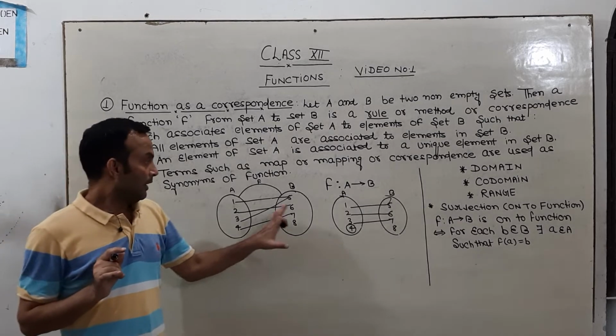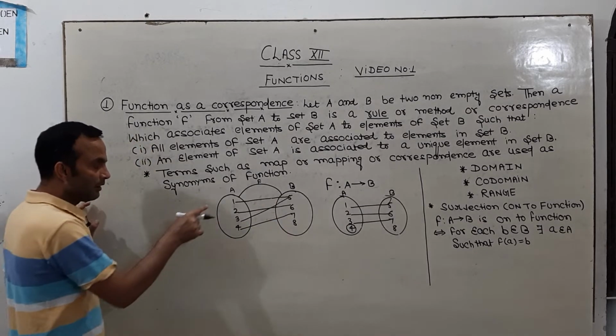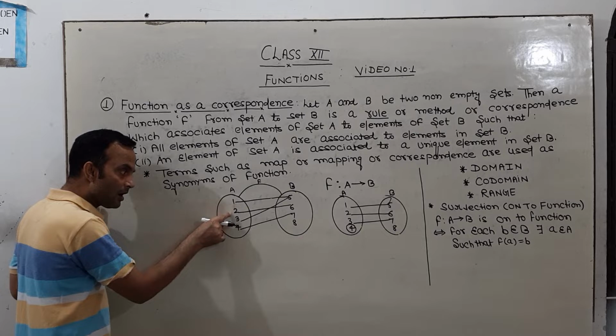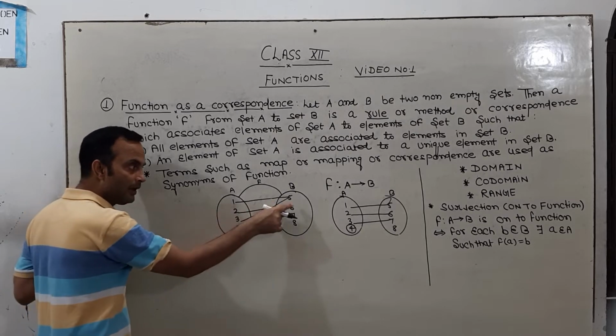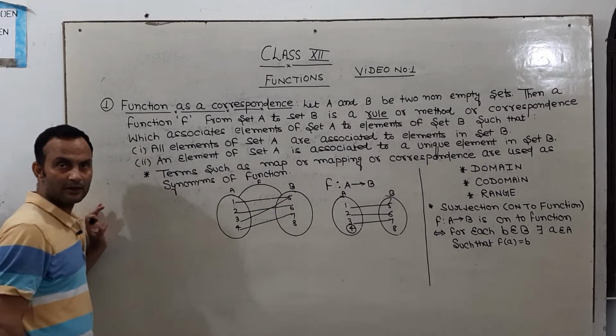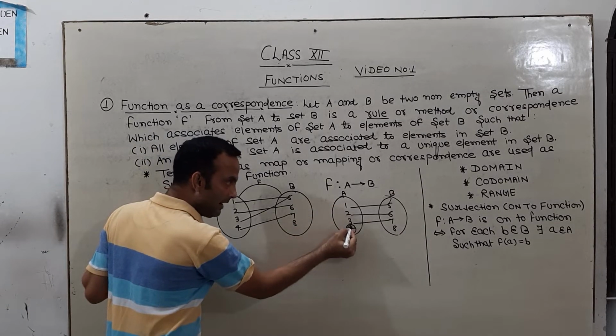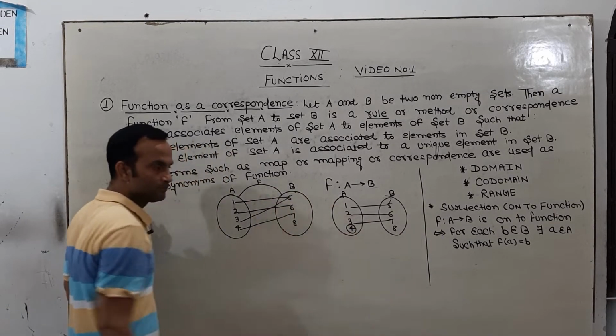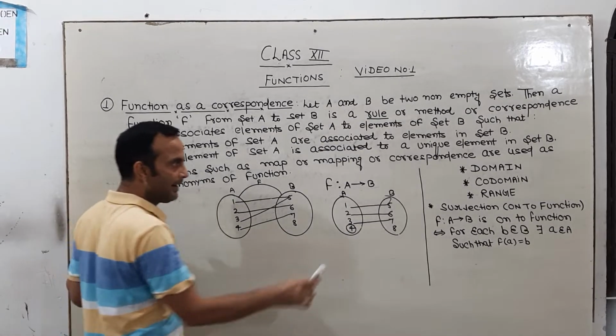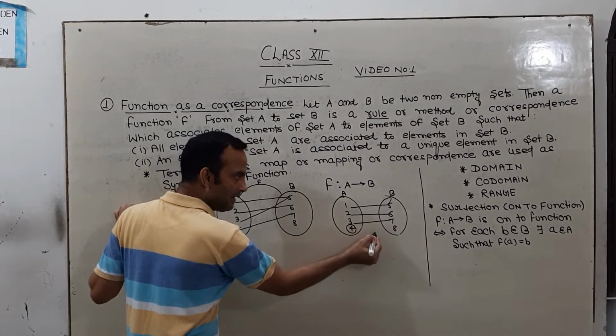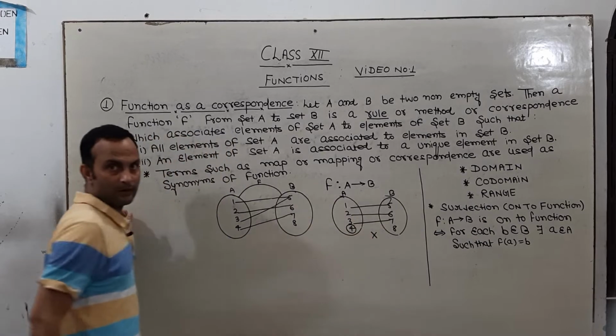Here what I am saying, कि सेट ए का हर एलिमेंट की कोई ना कोई इमेज सेट बी में होनी चाहिए तब वो फंक्शन है. Here you can see the element 4 has no image in set B. That's why this is not a function.